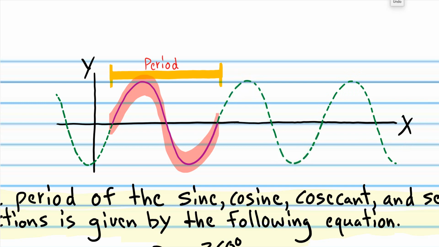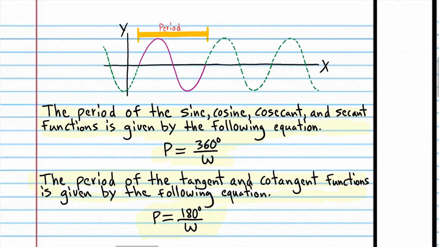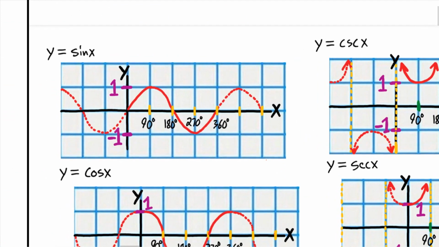So that orange distance is the period. So the period of the basic sine function is 360 degrees. It's the part that is the solid red. So it goes from here to here until it starts over.